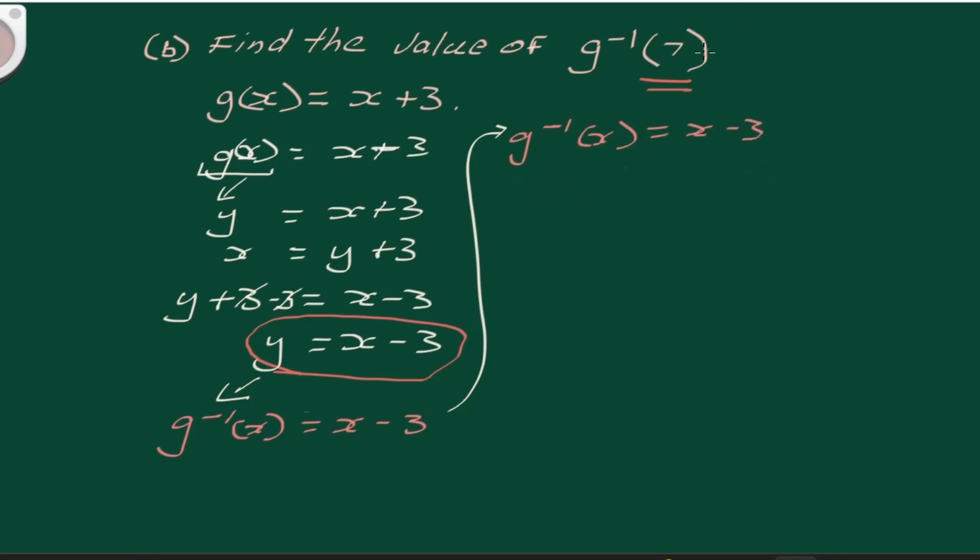And now into the inverse function g inverse x, in place of x, we're going to place the value of 7. Wherever we see the x in the inverse function, we're going to replace the x with 7. 7 minus 3 is equal to 4. It's a simple equation to work out, and our answer is 4.